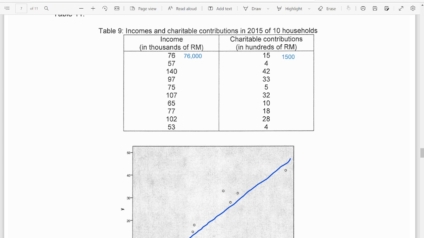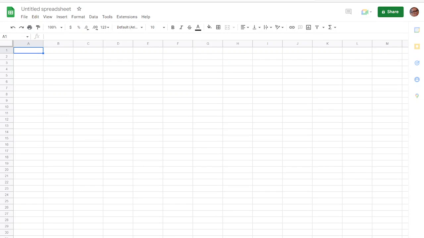Okay, so let's look at the data. So you have this data set. How do we enter this data? We have to write income and charitable contribution, and then 7657,140.